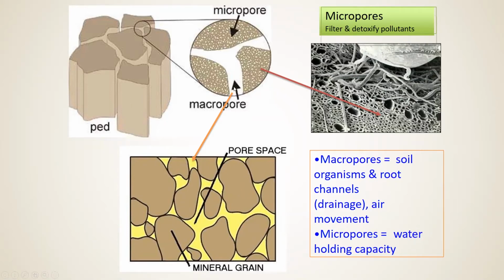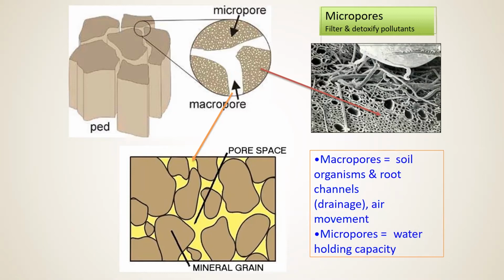And then within peds, we have micropores. We see an electron scanning microscope image here of micropores. The water held within micropores can only be accessed through suction, or capillary rise.